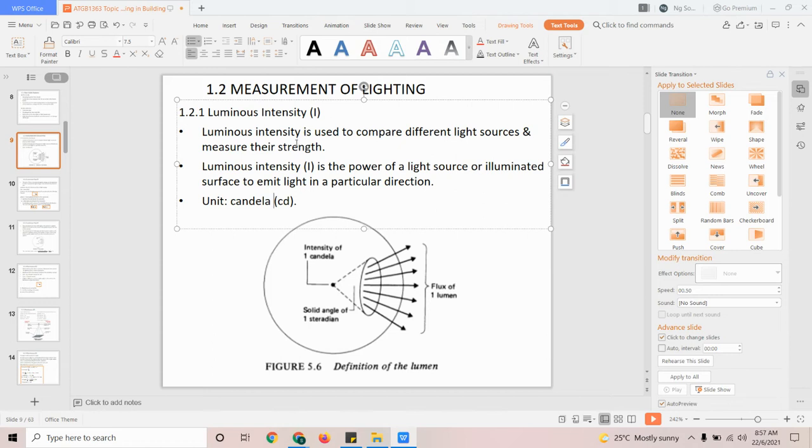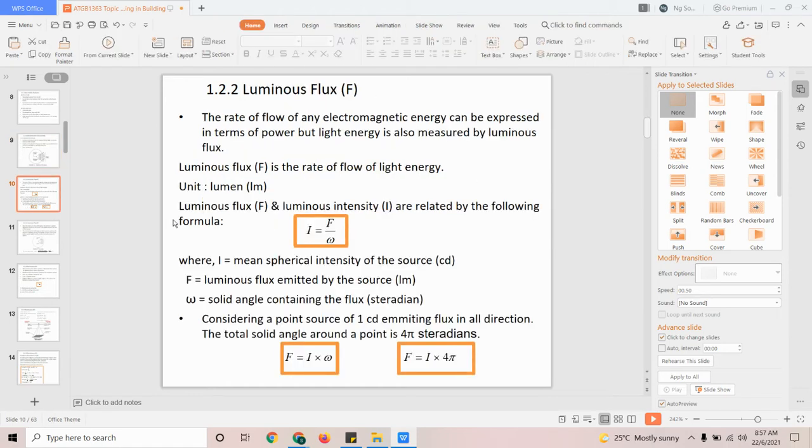Luminous intensity is used to compare different light sources and measure their strength. This is the first property. For the second property, you have your luminous flux. Luminous flux is the rate of flow of light energy, measured in lumens.